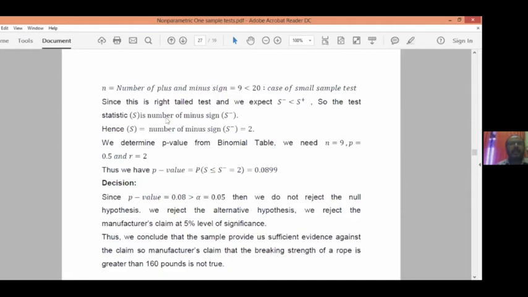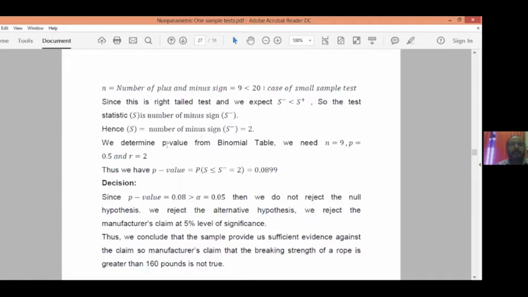So the test statistic is the number of minus signs, which is only 2, as shown in the previous slide. So your test statistic becomes 2.